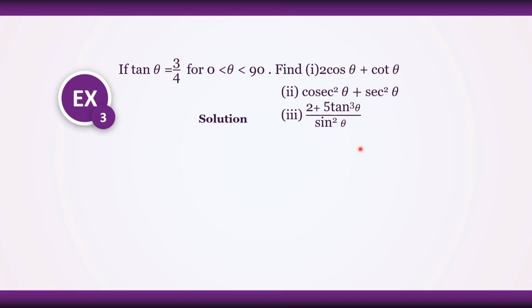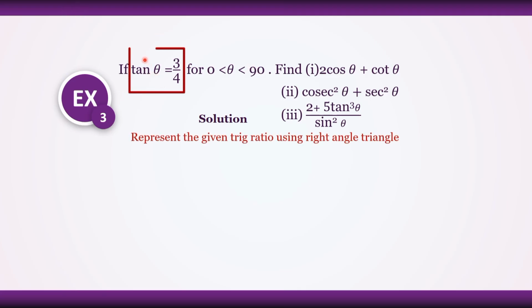Now to solve this, we have to find all these expressions, and the first thing to do is you have your right angle triangle and you represent this trig ratio using your right angle triangle. Here we are given tan theta, and that is 3 over 4. So we have our right angle triangle. Now the next thing is we have to represent our theta, so you choose this angle or you choose this angle.